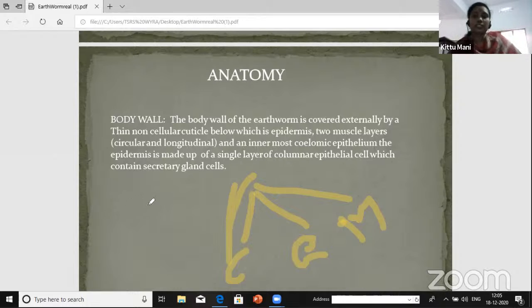We discussed epithelium in the previous lessons. In the second chapter, the epithelium is divided into different types, and we will learn the types of columnar epithelium.